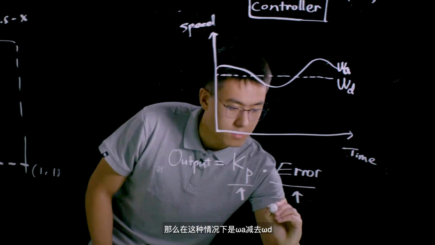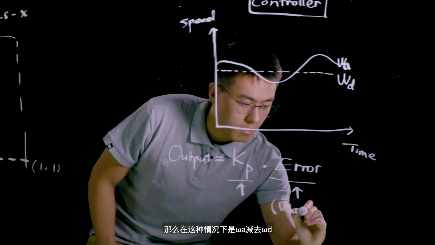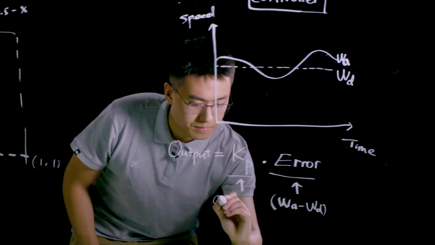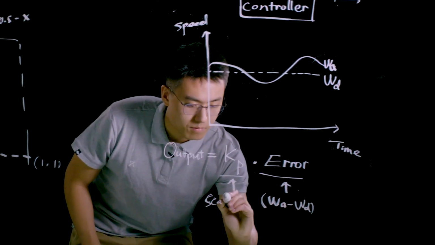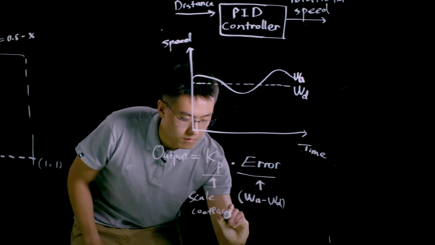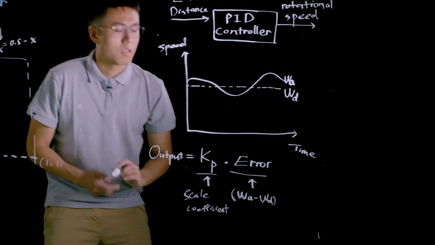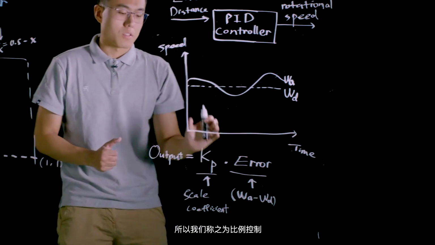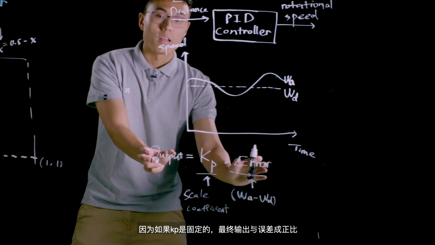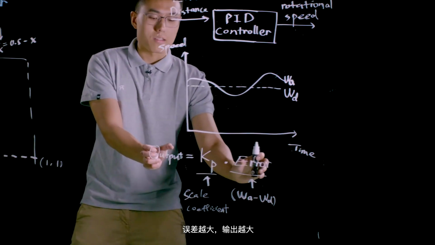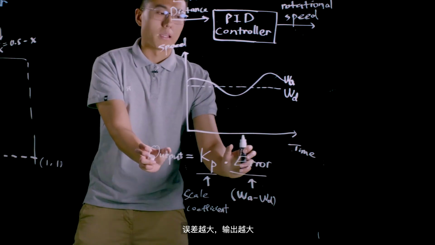So in this case, it's omega A minus omega D. We call it proportional control because the final output is proportional to the error if the Kp is fixed. And the greater the error is, the greater the output will be.